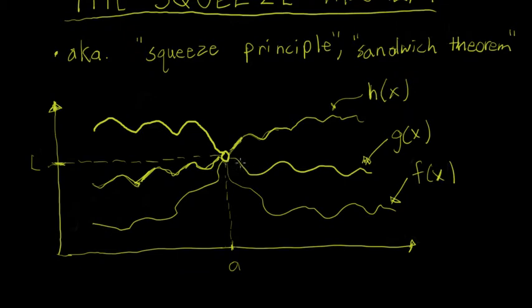From this graph you can tell that g of x approaches L, but usually you're given an algebraic limit to evaluate, and the function g of x is not easily graphable.